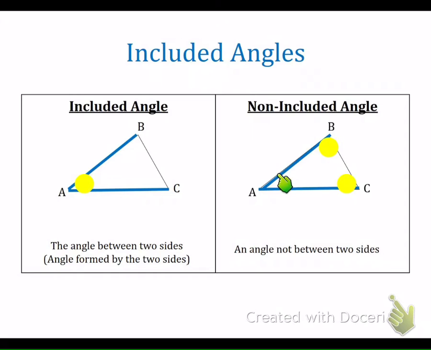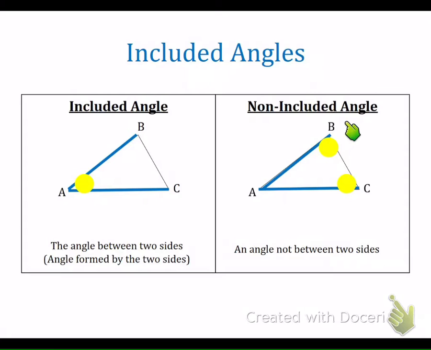If we're talking about these 2 sides, the included angle is the one that's in the middle of the 2 sides, the angle created by the segments. The other 2 angles are called the non-included angles, because they're not between the two segments. So included, not included.